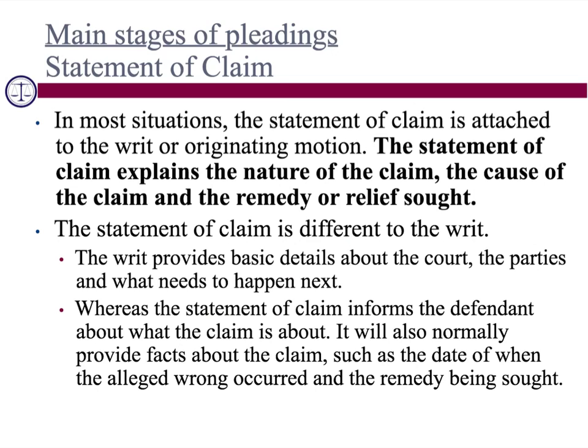It tells the defendant what sorts of claims the plaintiff is making. It will do this by providing facts such as the date when the alleged event occurred and the types of remedy that the plaintiff wants. So it might say, "We're claiming $35,000 because you caused damage to our property."